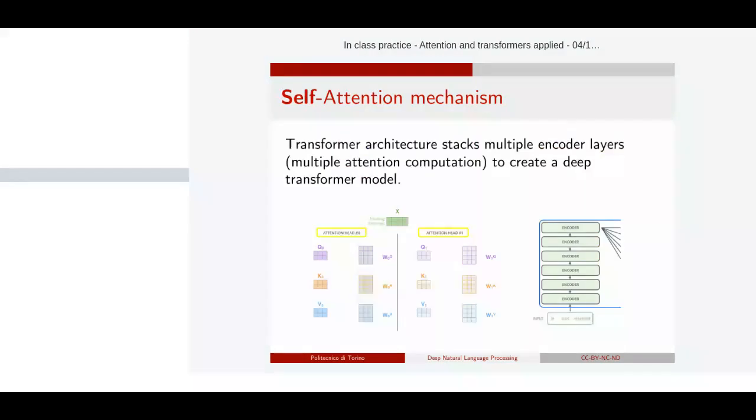So this is how the self-attention mechanism works. In the transformer architecture, we stack multiple layers of encoders, one after the other.